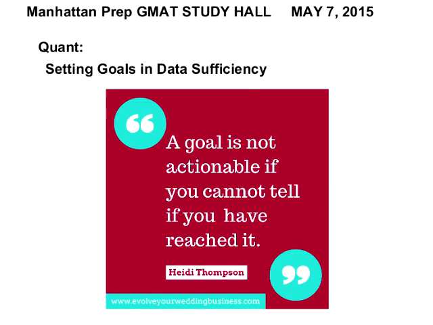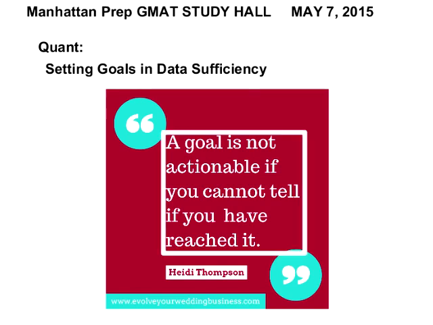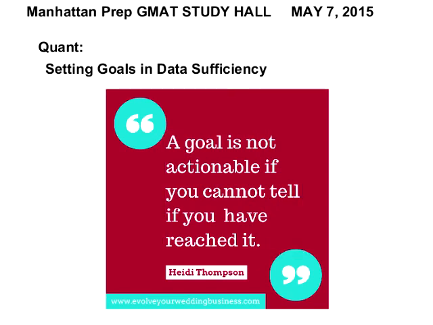A lot of people just don't have goals that they can articulate, especially when it comes to the yes-no data sufficiency situation. If you cannot tell whether you have reached your goal, or if you can't articulate why you have reached it, then you probably don't really have a goal.